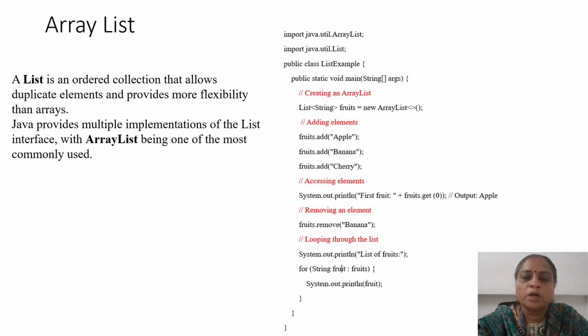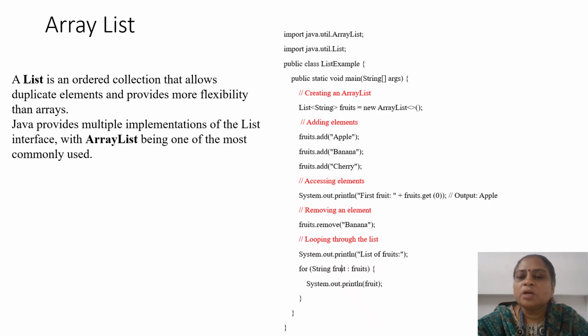You can include whatever fruits you like. You write the ArrayList name and then a dot, and it will show the default methods present in this interface. The add method is used for adding elements to the list. The remove method is used for removing elements from the list. So the default methods are add and remove.